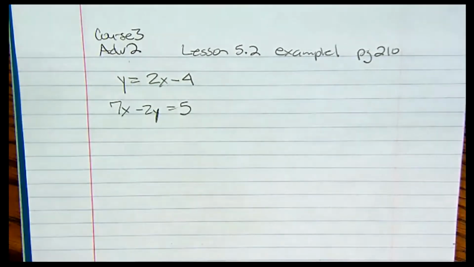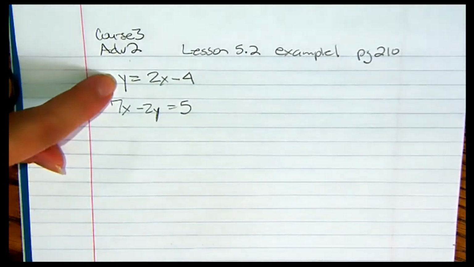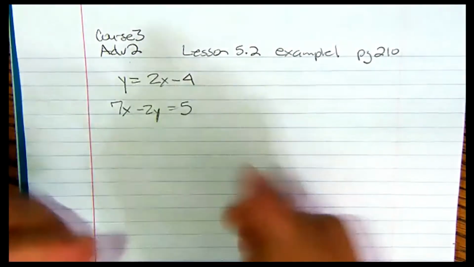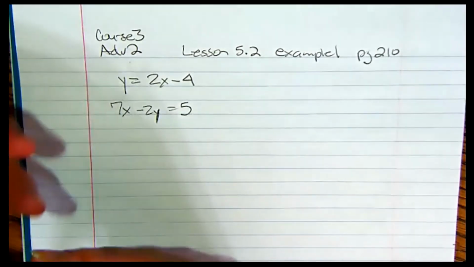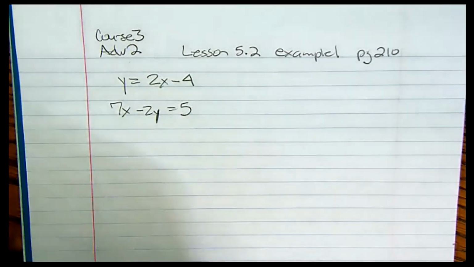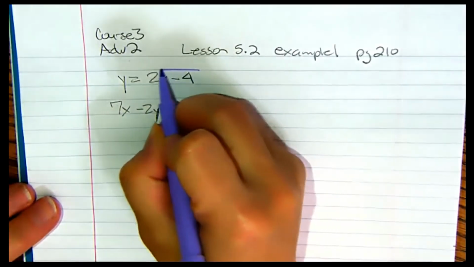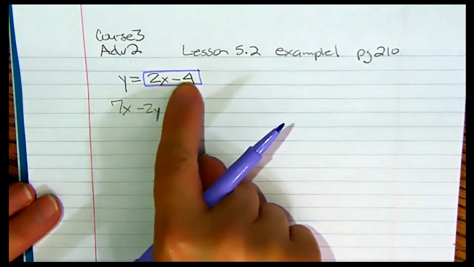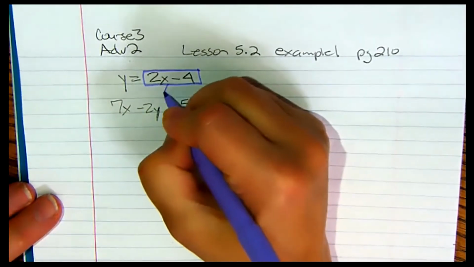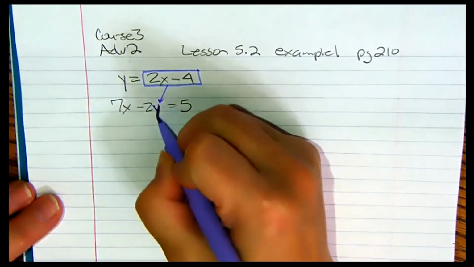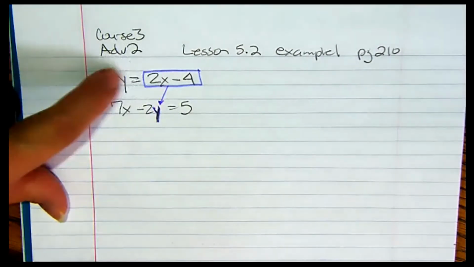What we're going to do is substitute. So here, this is telling me y is equal to 2x minus 4. So I can use y, or I can use 2x minus 4. I am going to substitute this 2x minus 4 in here for y, because it's telling me y is equal to that.